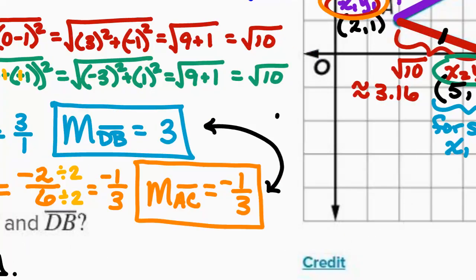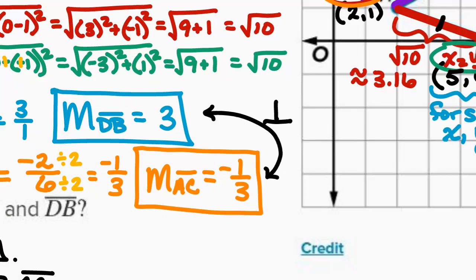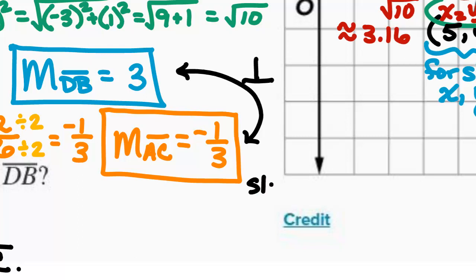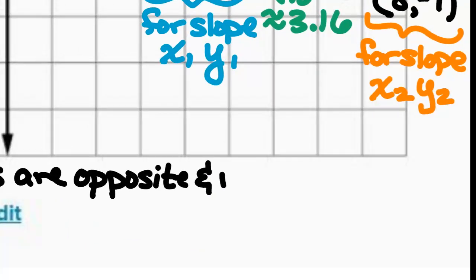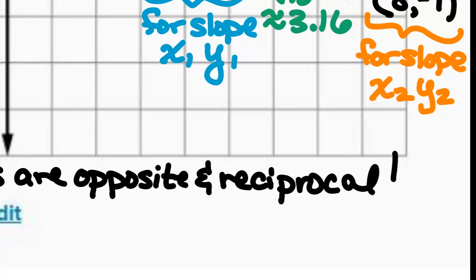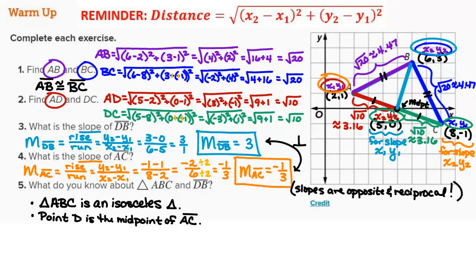They are perpendicular. The slopes are opposite reciprocals. That's why we know that they are perpendicular. One's positive, one's negative, and they are reciprocals of each other, 3 and 1/3.